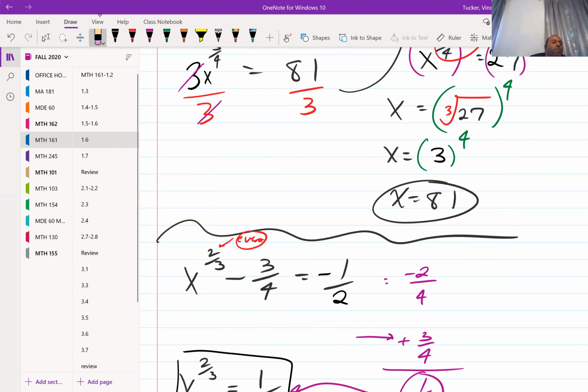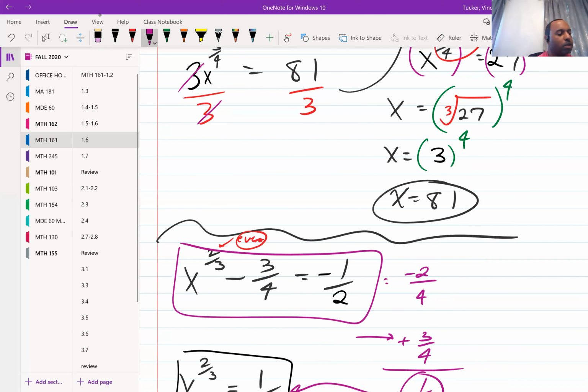All right, so here we have x to the 2/3 power minus 3/4 equal to negative 1/2. This is the equation right here.